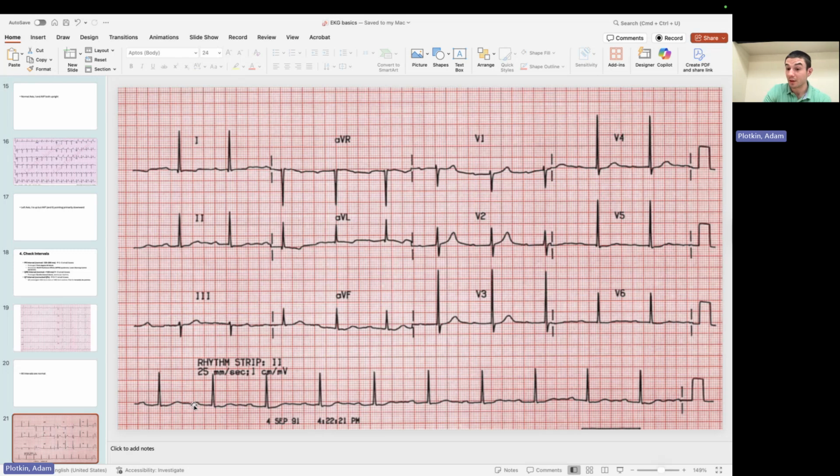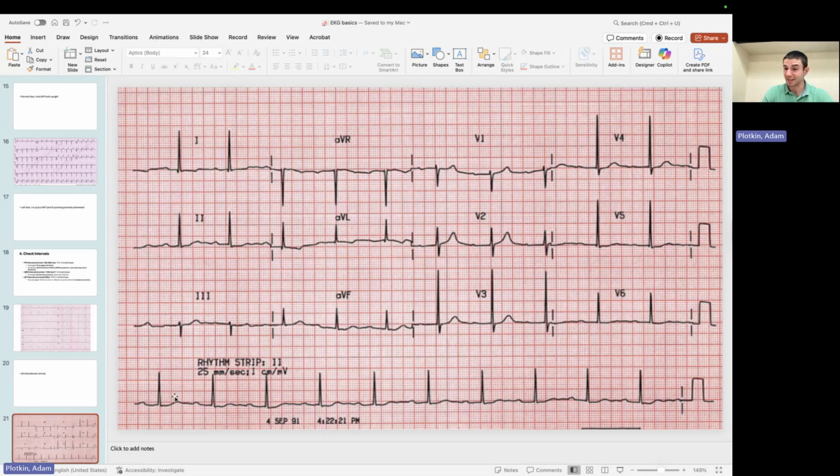If this were 3 to 5 little boxes, that QRS should pick up right here, because one big box is 5 little boxes. But you see the QRS doesn't start until halfway through the next big box. And if you look, it just keeps happening over and over again. So this is definitely a long PR interval.